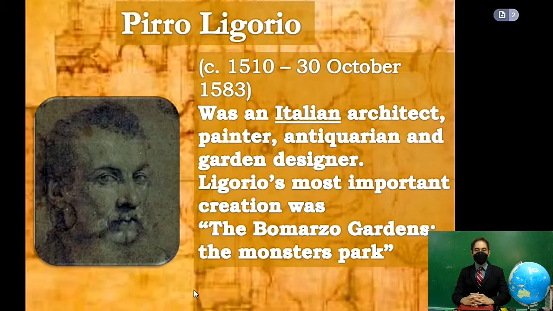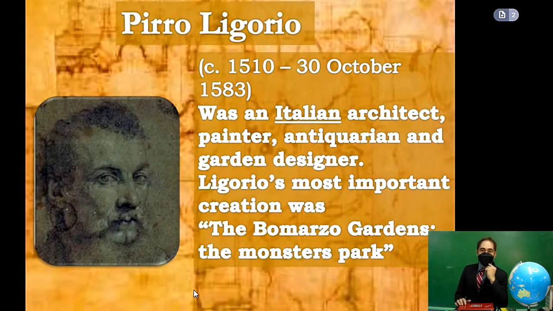Pirro Ligorio was not so famous in the list of the greatest architects of the Renaissance. Anyway, he is a good architect. He was an Italian architect, painter, antiquarian, and garden designer. So, meaning to say, he is a landscape artist.